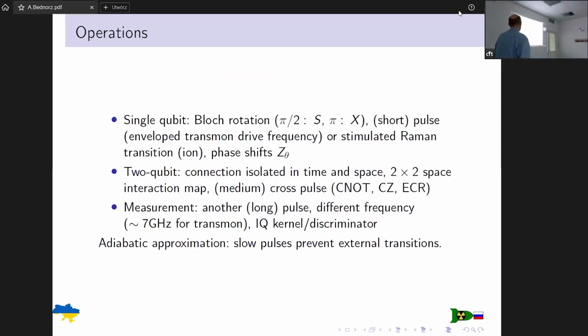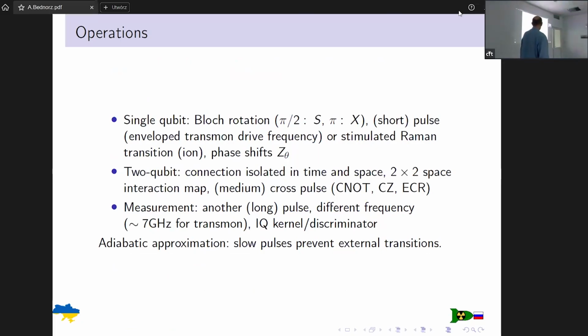In the language of the Bloch sphere, you make either a rotation by pi half or pi, or now you can even make an arbitrary rotation. You need a pulse which corresponds to this drive frequency, with an envelope. For instance, if you have 5 gigahertz, it corresponds to a time below 1 nanosecond, so this pulse is about 50 nanoseconds.